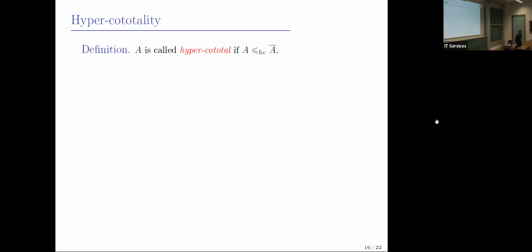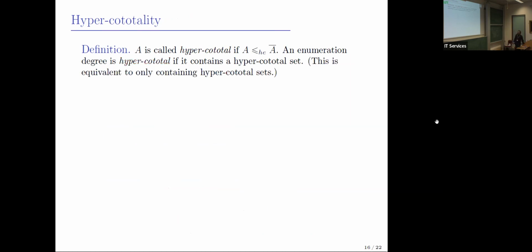So hyper-cototal is what you would think at this point, that A is hyperenumeration below a complement. And an enumeration degree is hyper-cototal if it contains a hyper-cototal set. This is equivalent to only containing hyper-cototal sets. Being hyper-cototal is actually an enumeration degree notion by itself.